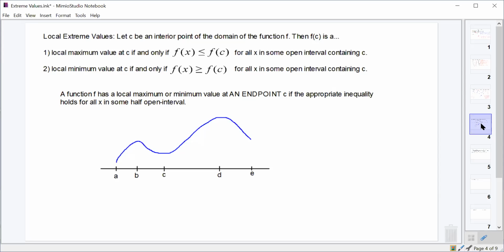So for example, let's take a look. How about the point at C? At C, I could define some open interval surrounding C, and it is the lowest point on that interval, isn't it?